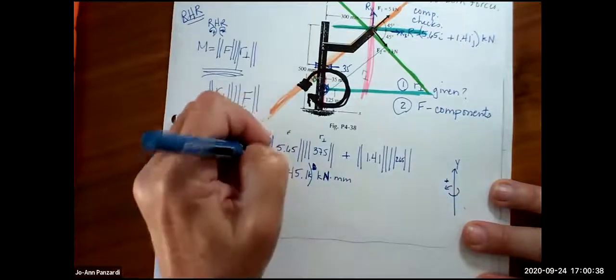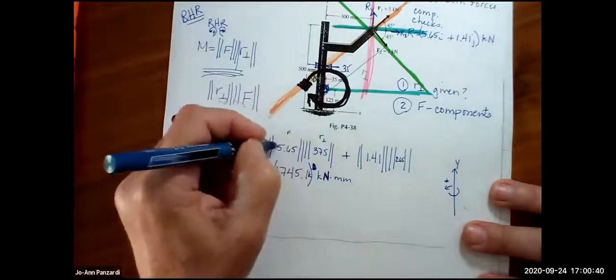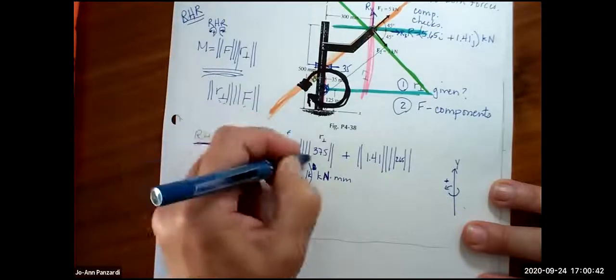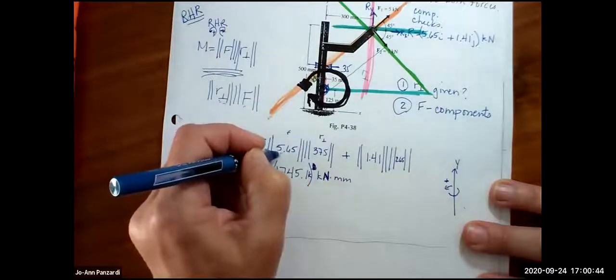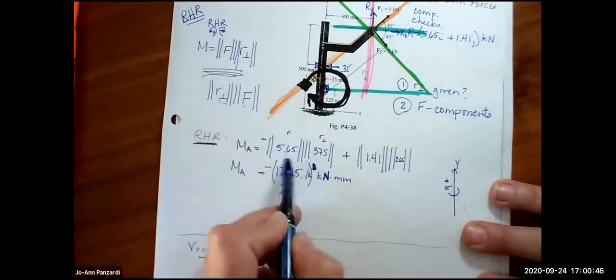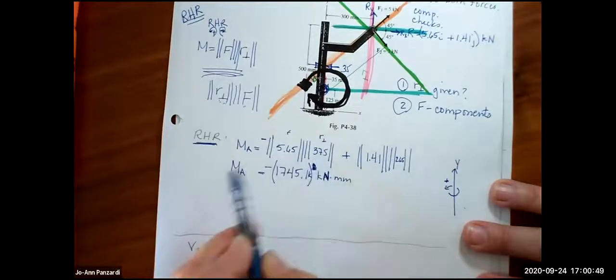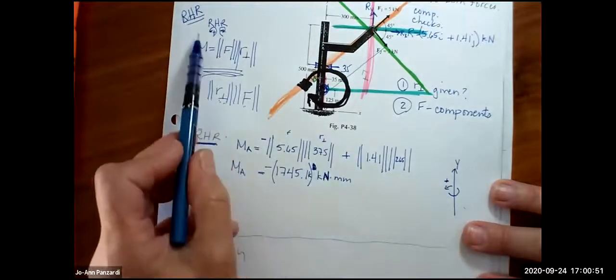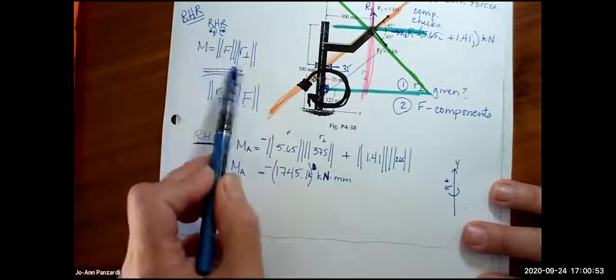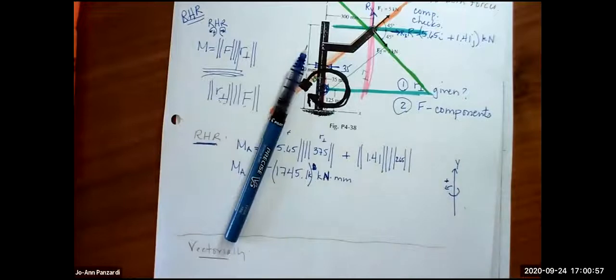And I always write it because I don't want to put a negative X, a negative distance. I never want to put a negative magnitude. These are supposed to be both positive numbers because they're absolute values. And when we're finding the moments due to the right-hand rule, we are only finding the direction based on my right hand. I am multiplying the magnitude of the force and the distance.